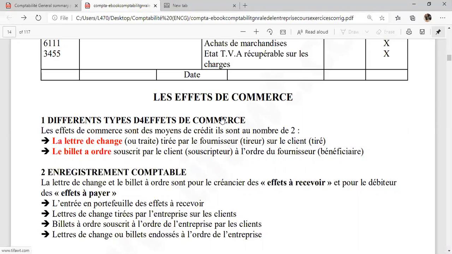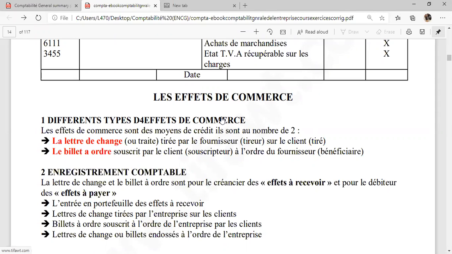So under this one, we have three people involved under the lettre d'échange. We have first the fournisseur, second the client, and third the beneficiaire.